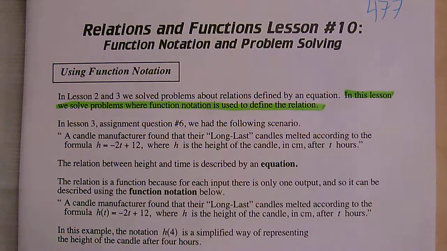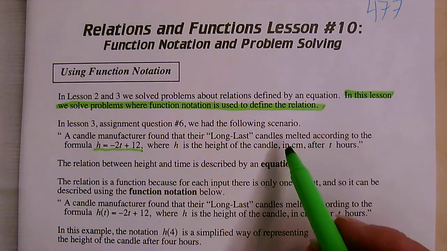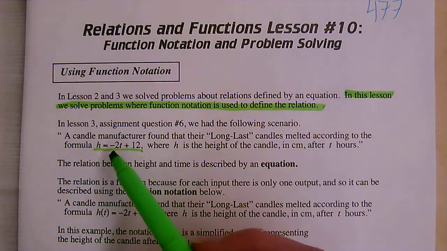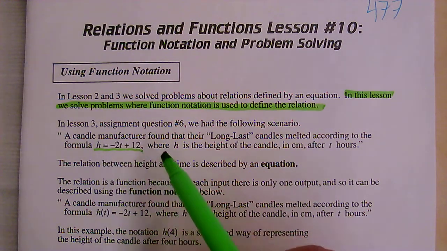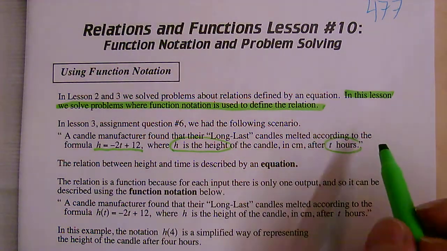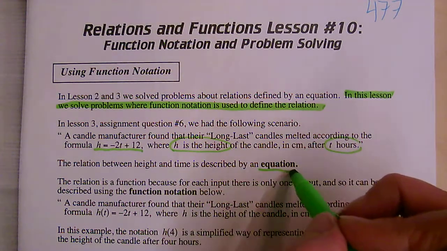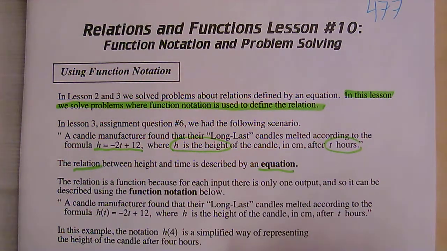In lesson 3, there was an assignment question about candles, and it had a formula that they melt. Candles melted according to the formula H is equal to negative 2T plus 12, where H is the height of the candle and T is the time. So the relationship is described by an equation.